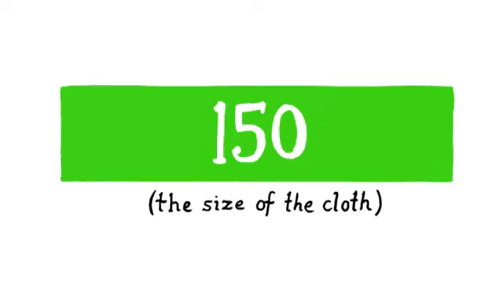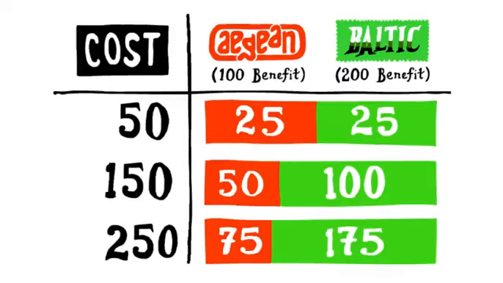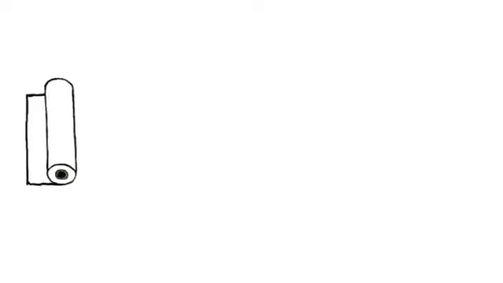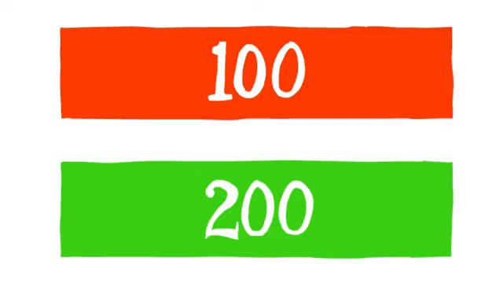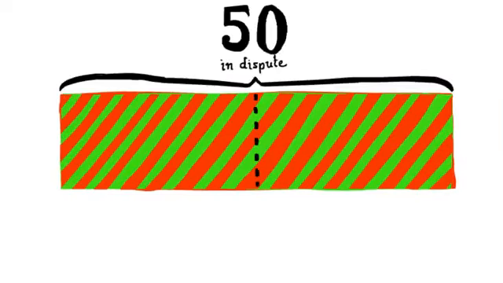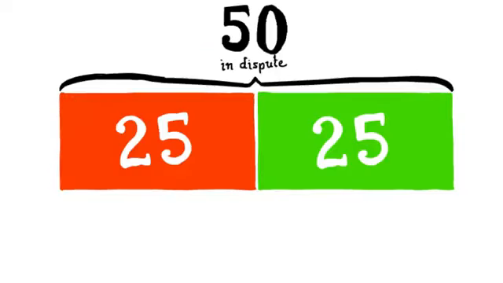Thus, Baltic's claim of 200 effectively gets reduced to 150, the size of the cloth. At this point, I hope the third row is now clear. The length of the cloth is only 50, and both Aegean and Baltic are claiming the whole thing, since their claims, 100 and 200, are both more than 50. Since the entire cloth is in dispute, it gets split evenly, 25 and 25.